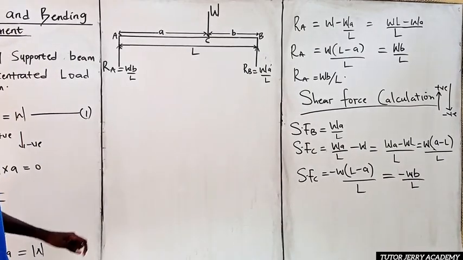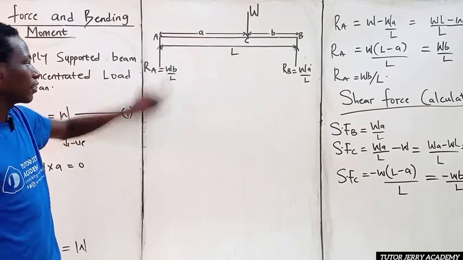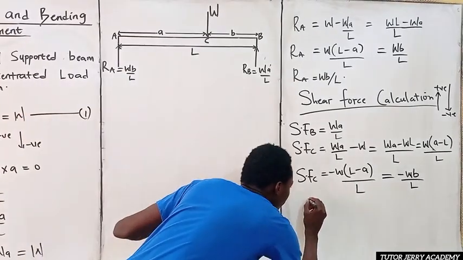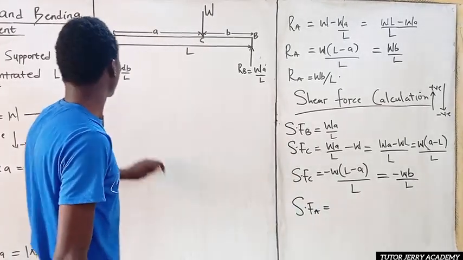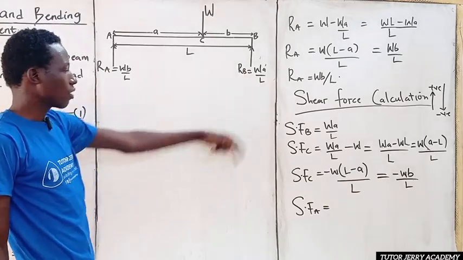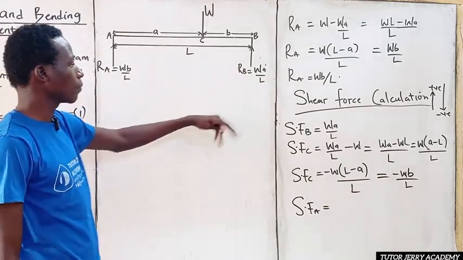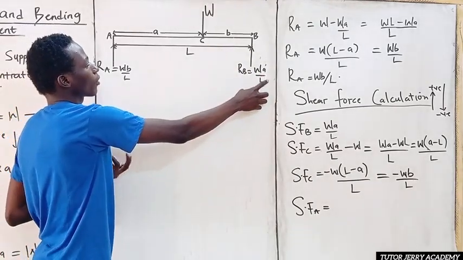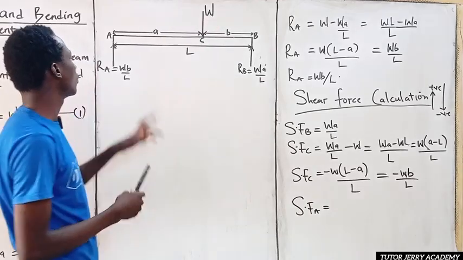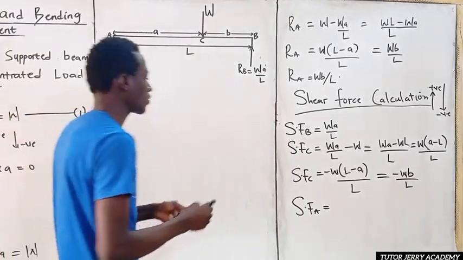So next, we are going to be looking for the shear force at A. Our shear force at A will be equal to, don't forget, we are still considering upward force to be positive and downward force to be negative. So we have WA all over L minus W plus WB all over L. So let's write that down.